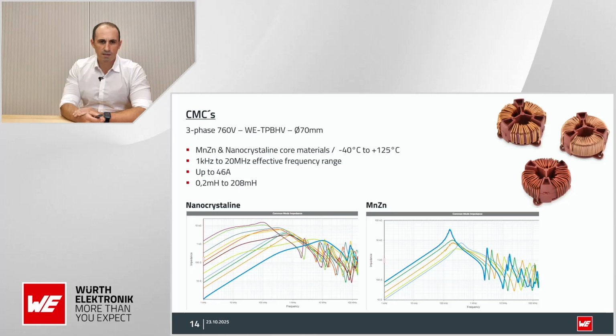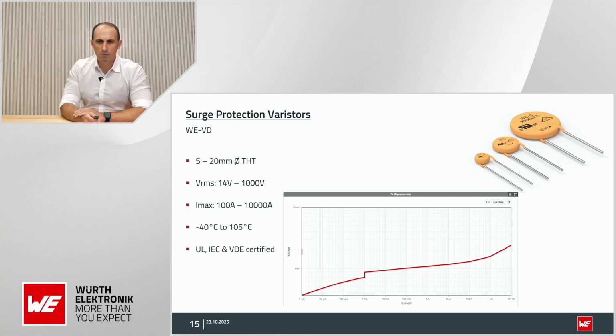The nanocrystalline has the advantage of a wider frequency range, which works pretty well, whereas the manganese zinc, as I told you, is better in the lower frequency range. And of course, to increase the surge capability of the system, we also provide you with the required varistors for your system, and we can help you there to calculate them.